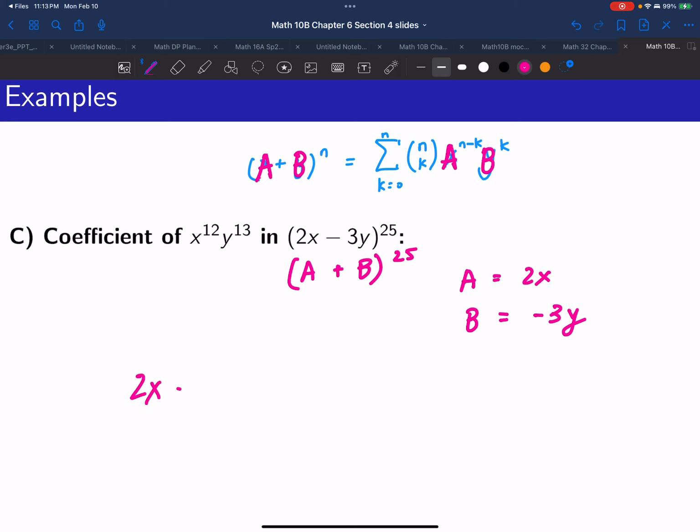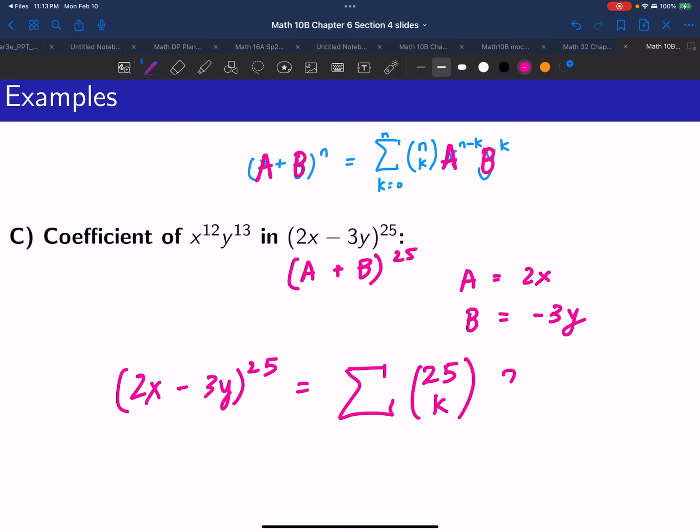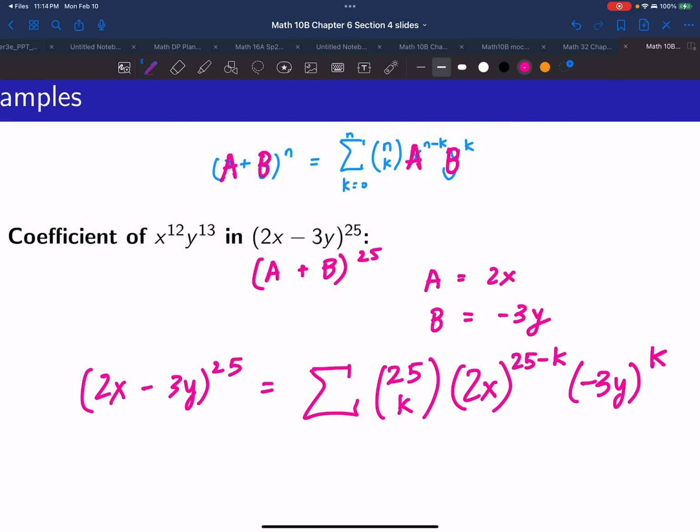And 2x plus negative 3y, to the power of 25, according to my formula, is going to be 25 choose k times (2x) to the 25 minus k times (negative 3y) to the power of k. And then k is going to start at 0 and stop at 25.